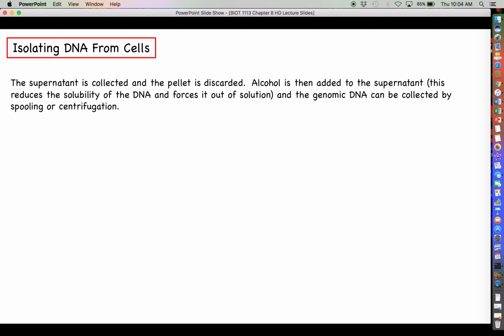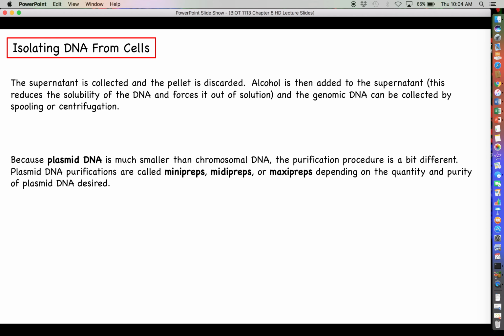One that is aqueous, that contains the water and all the things soluble in the water, and then another one that contains just the DNA, and we can get the DNA out of there. So that's the case if you're trying to get genomic DNA, and we understand that genomic DNA is usually very large. We're talking chromosomes that contain millions, if not tens or hundreds of millions of base pairs.